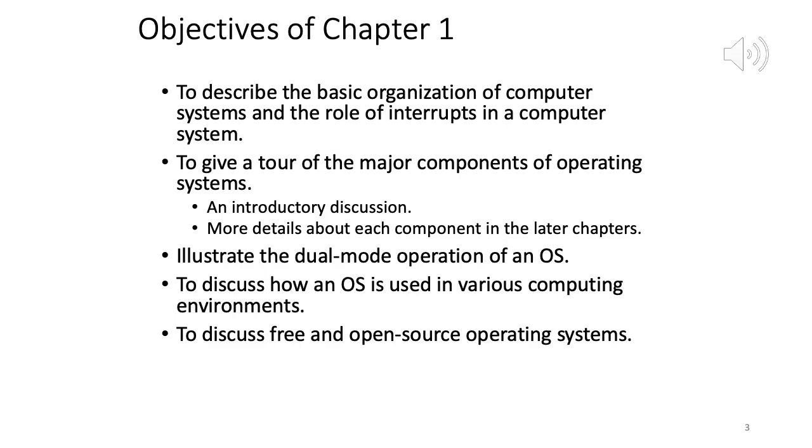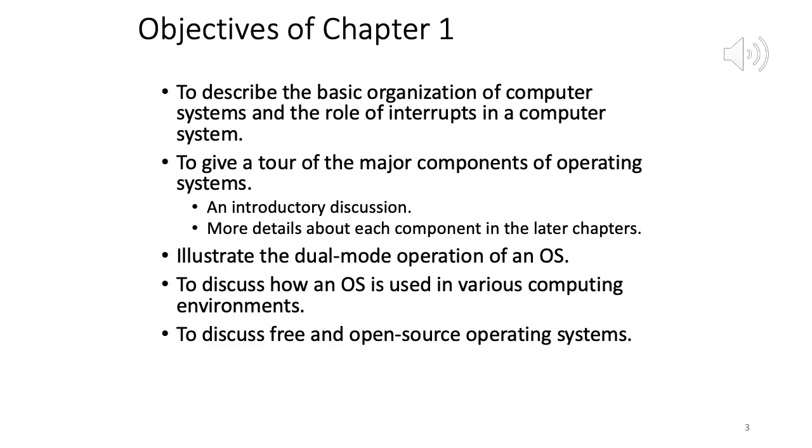To describe the basic organization of computer systems and the role of interrupts in a computer system. If we take any computer system, what are its major components, how are they organized, and very briefly, how do they interact with each other, and also talk about the role of interrupts.